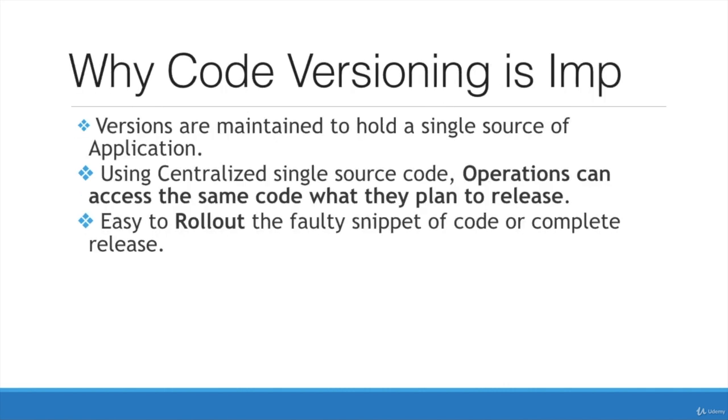Now, first we will discuss why code versioning is important. Versions are maintained to hold a single source of the application. When we are doing versions, we are basically merging our code in our integration branch, or you can say in our application code. Suppose let's take a scenario where you are not versioning your code.